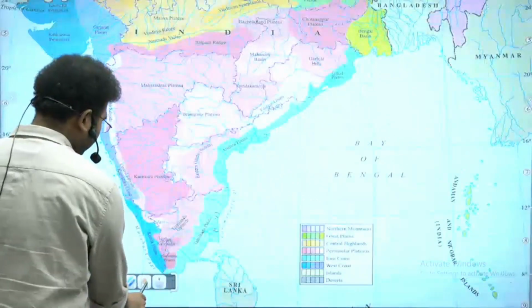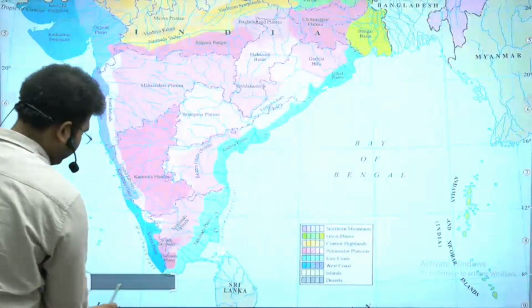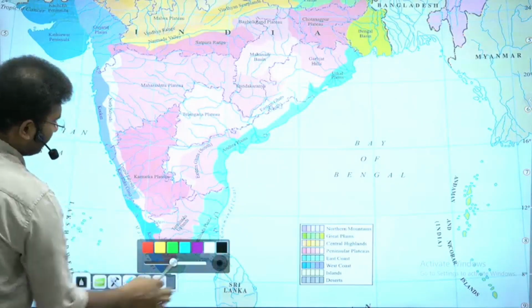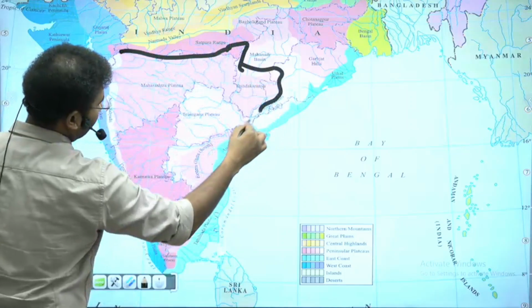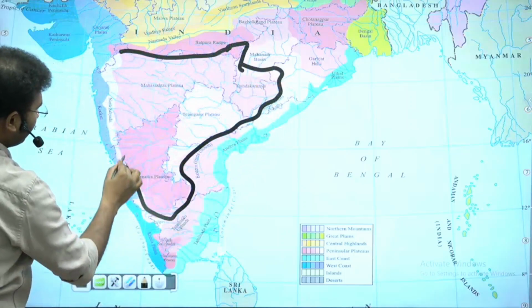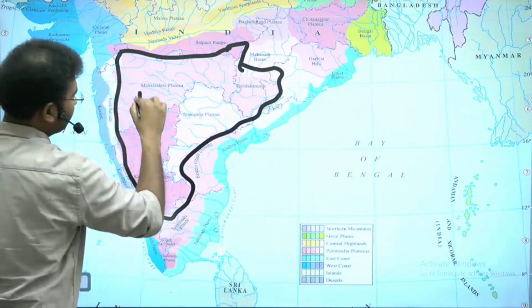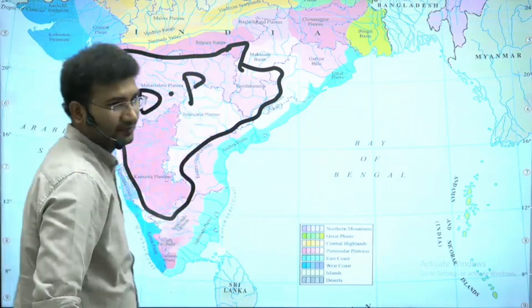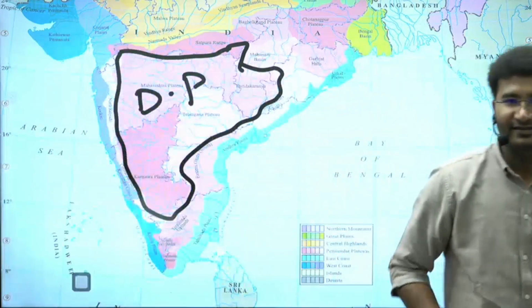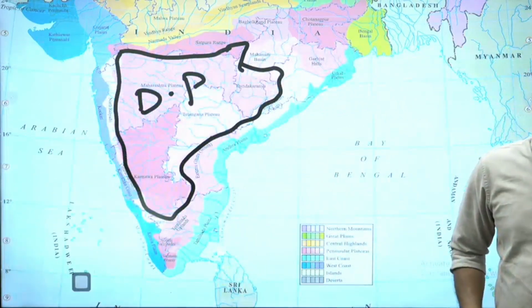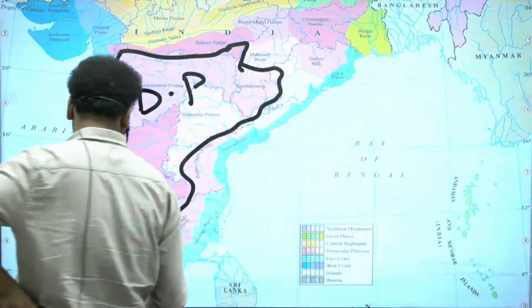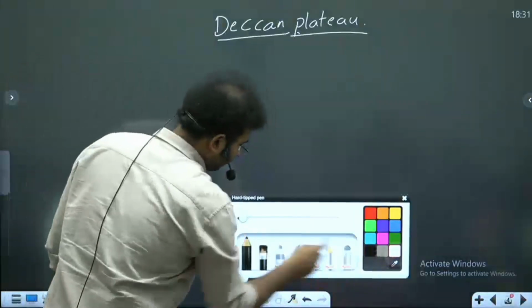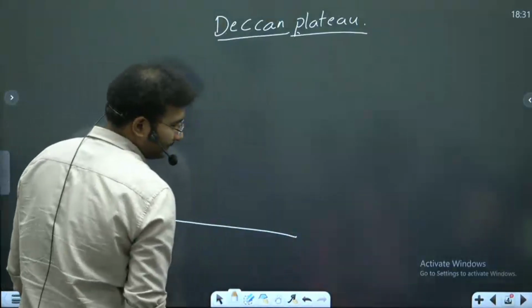Look here, this part of the area. This is called the Deccan Plateau. Right? Yes. This is called the Deccan Plateau. Now Deccan Plateau, how does it look? It looks like this. This is a plain area.